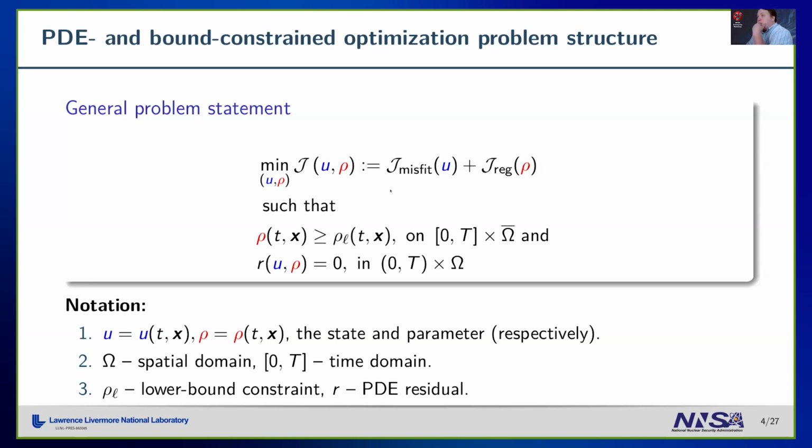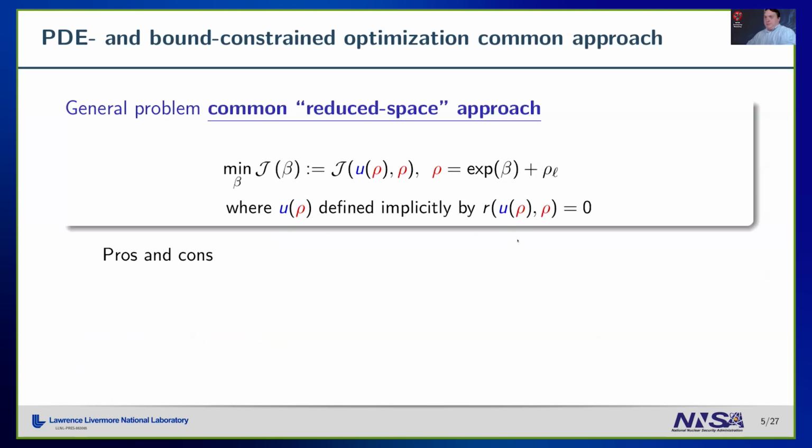And the objective is going to be made up of two pieces. One is a misfit term, quantifying some sort of discrepancy between the PDE solution and some available data about that solution, and a regularizer to make the inverse problem well posed. And some of the other terms here, there's a PDE residual R, and we have this bound constraint here on the parameter pointwise.